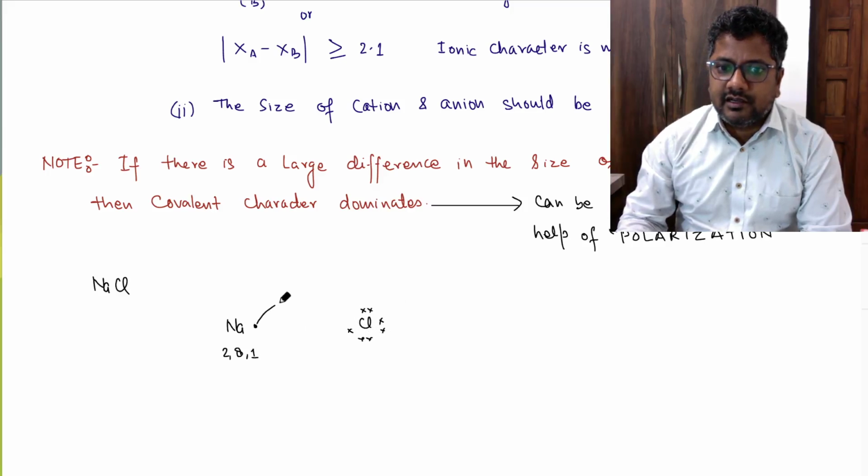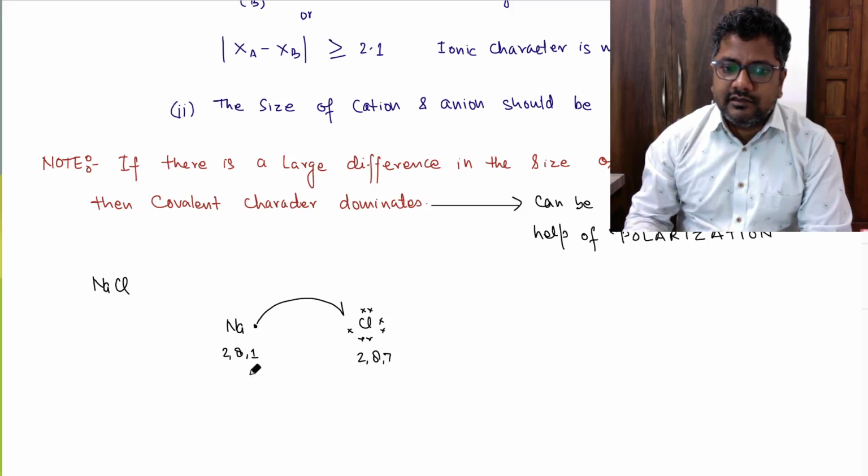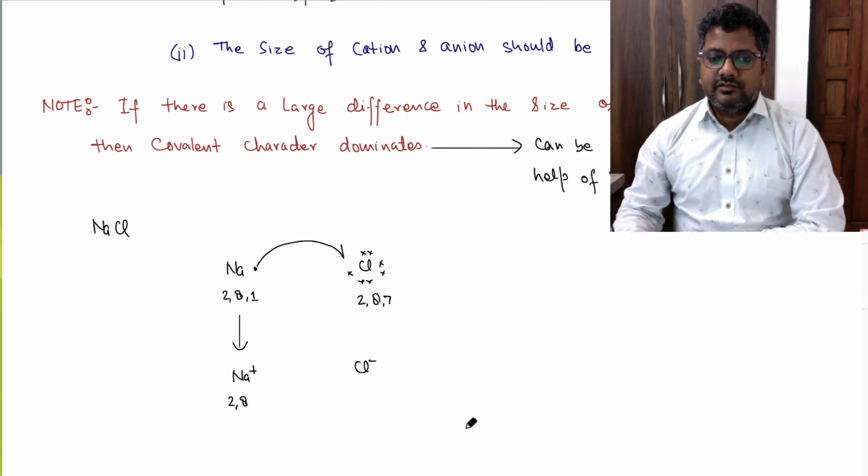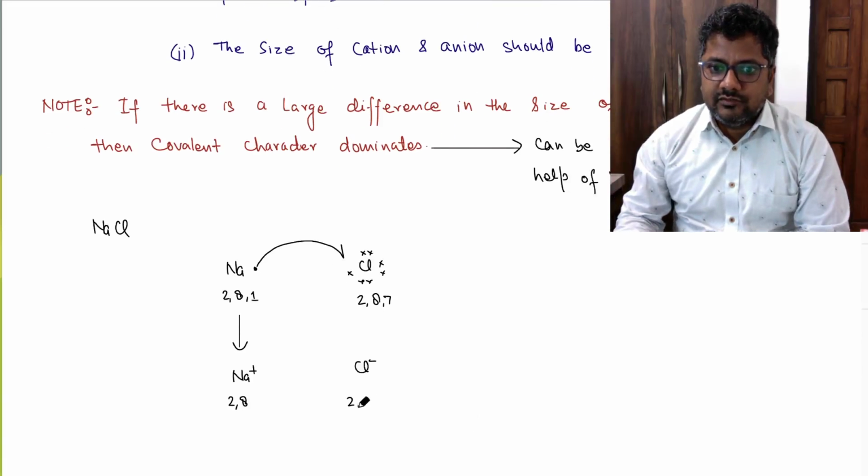If it transfers 1 electron to here, this is 2, 8, 7. Now this becomes Na plus, 2, 8, and this becomes Cl minus, so it is 2, 8, 8.